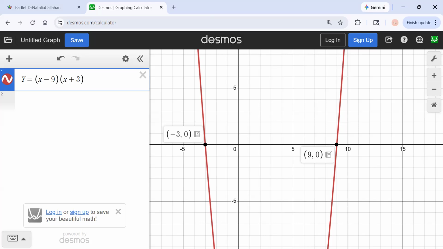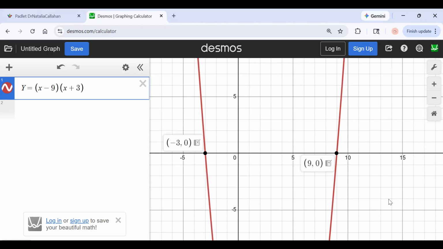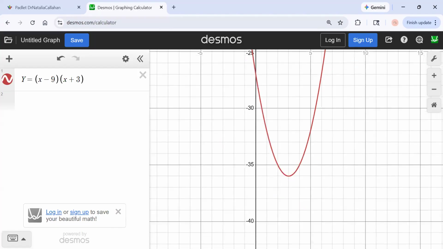Okay. And then your vertex, so you go all the way down. This one's kind of crazy because could you imagine how hard this would be if you actually solved it by hand? 3, -36. Do you see that?